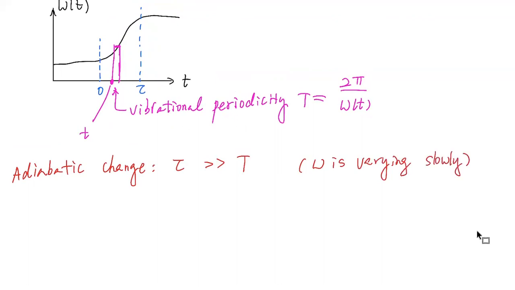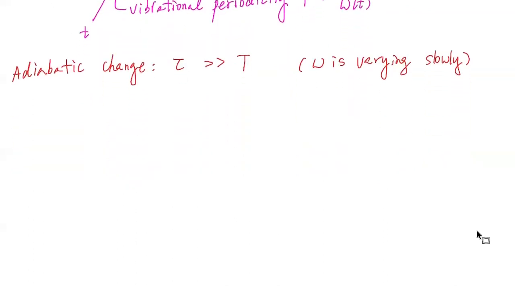What do we mean by slowly? Slowly means the value of tau can be viewed as much larger than T. Tau, of course, is the time scale of the external change, right?